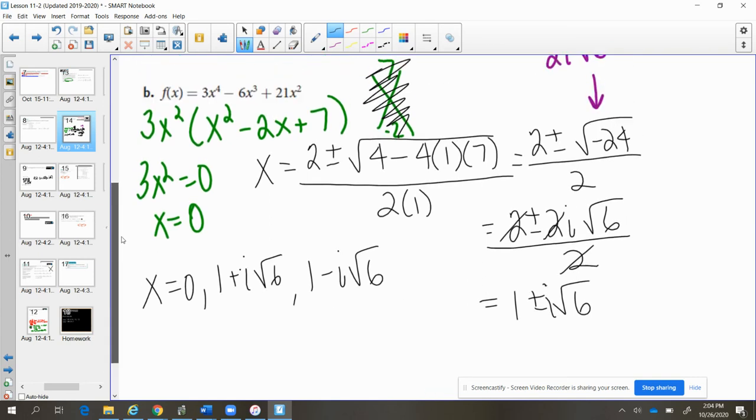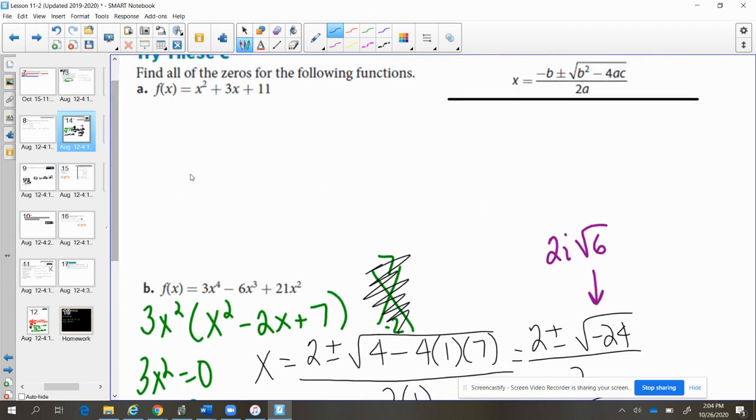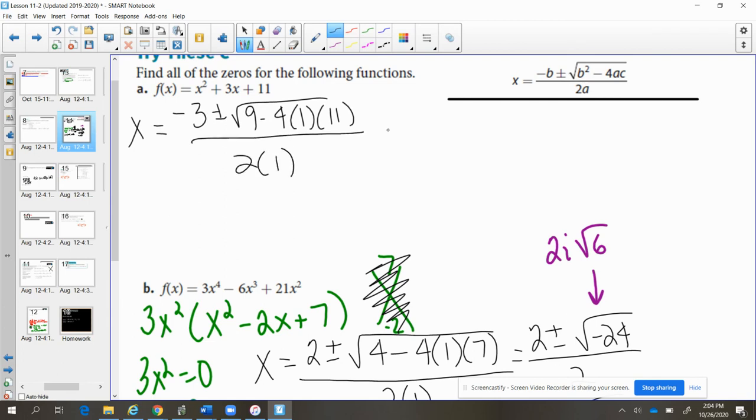Now, the other example here is a little bit nicer in that we don't have any GCFs to worry about, but we do want to worry about the factoring. So again, if we plug into the quadratic formula, we end up with negative b plus or minus the square root of b squared minus 4 times a times c, all over 2a. And we have negative 3 plus or minus, and then 9 minus 44 is negative 35, over 2.